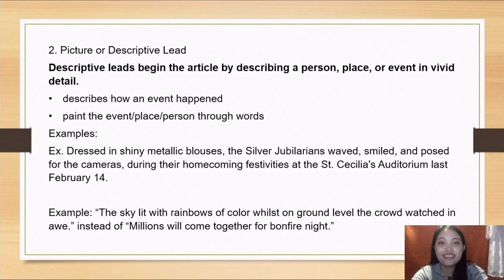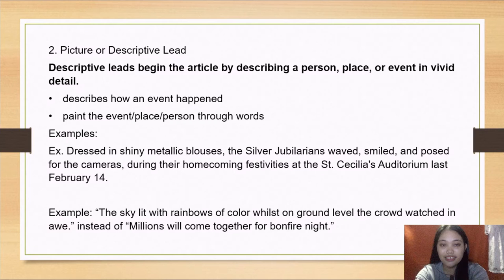The difference here is that in the first statement, the writer used more adjectives. The writer used descriptive words like "the crowd watched in awe."